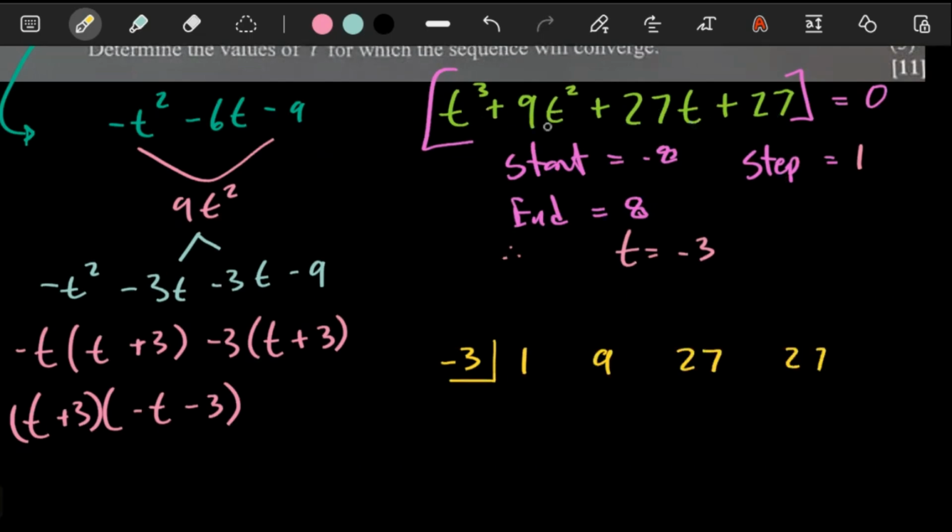If one of these were not there, you would need to replace it with a 0, because this has to be in order. If this is a 3, then it means you're going to need to have 1, 2, 3, 4 terms here. So if this was missing, you would need to put a 0 in its place, and then 27 next, and then the 27 afterwards.